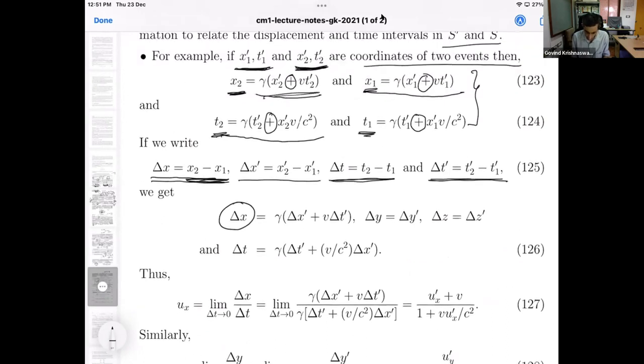So if I take the difference between these two formulae, I will get gamma times x2 prime minus x1 prime, which I will write as delta x prime, plus v times t2 prime minus t1 prime, which I write as delta t prime. Okay. So what is this? This is a relation between the displacement in the unprimed frame and the displacement and temporal separation in the primed frame.